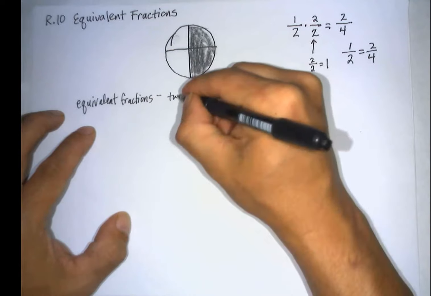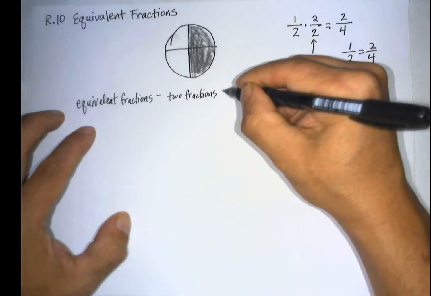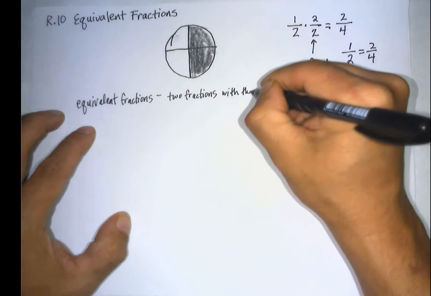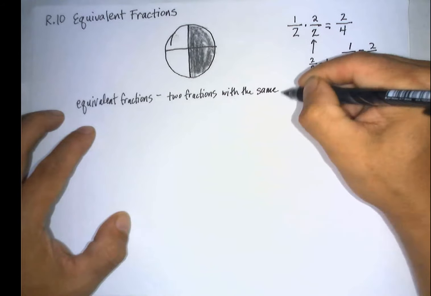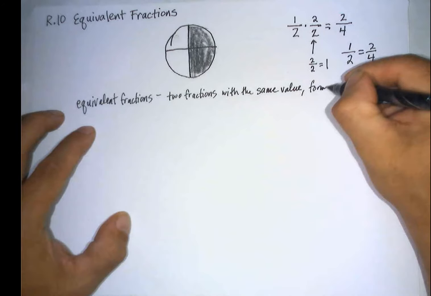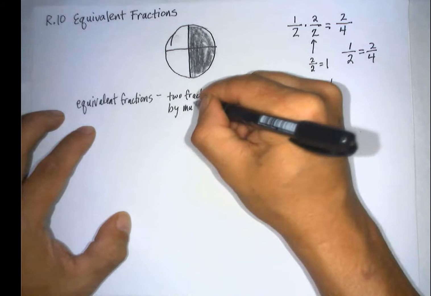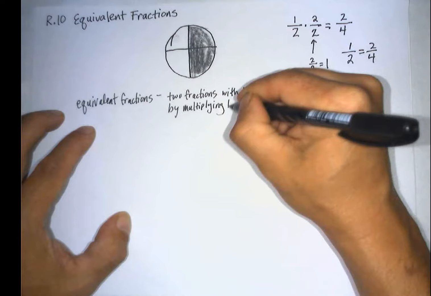Two fractions with the same value formed by multiplying by 1.